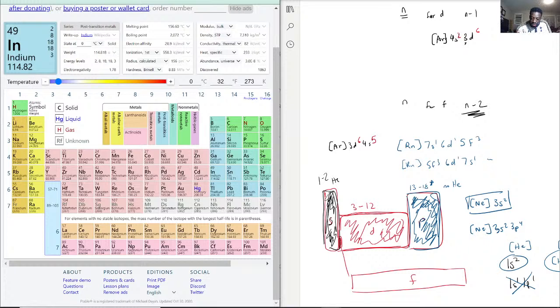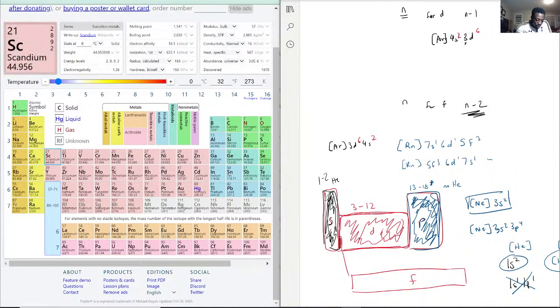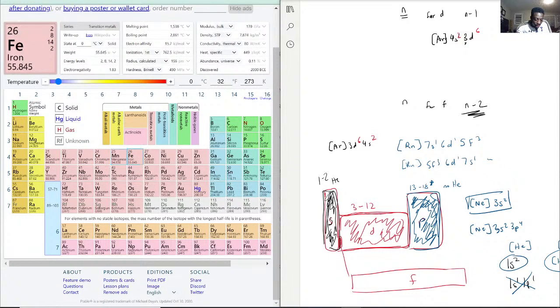Then 3d, because we're starting at the 4th row, but it's D, so -1: 2, 3, 4, 5, 6. So 3d6, and that would be for iron. This is how you write iron.